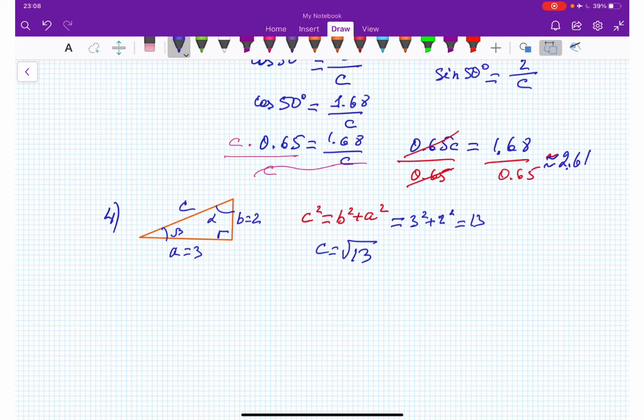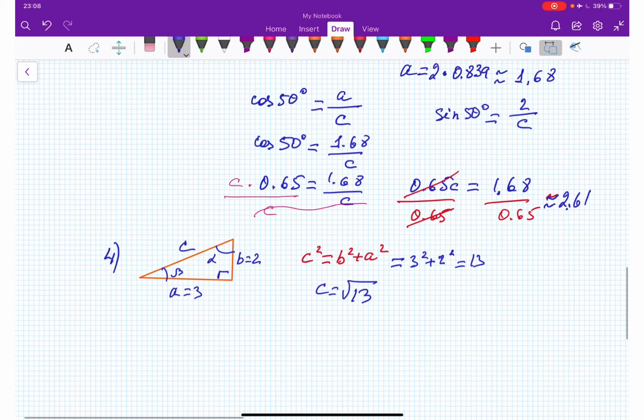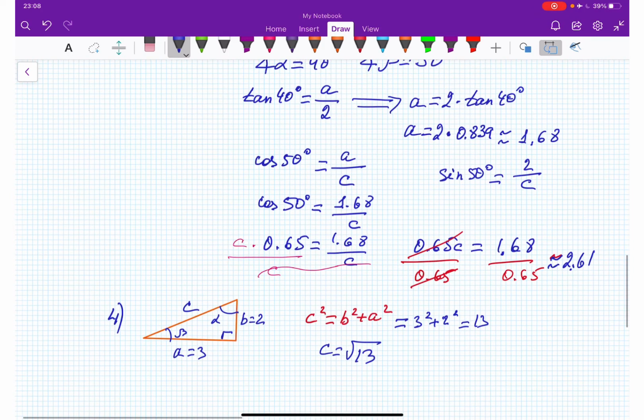I can use any trigonometric function: sine, cosine, tangent, cotangent. Since my hypotenuse is square root 13, I'm going to avoid using it.